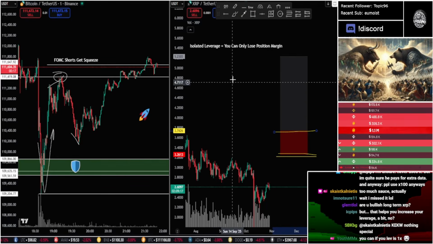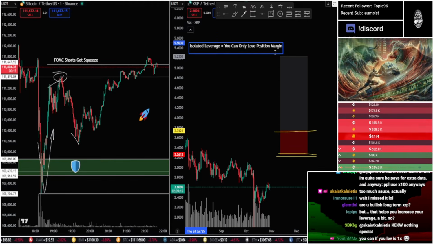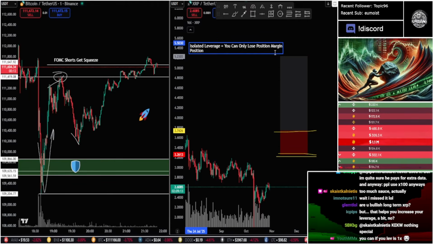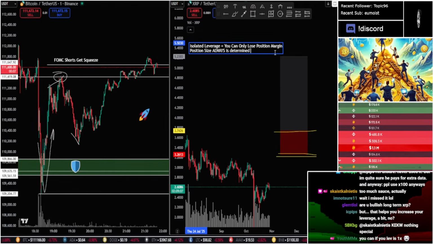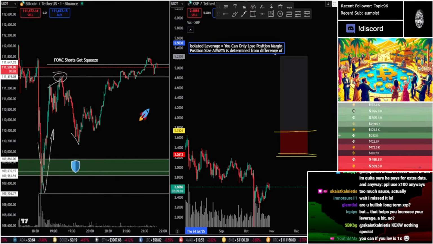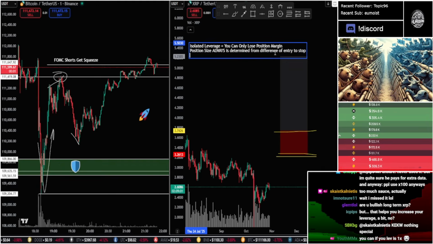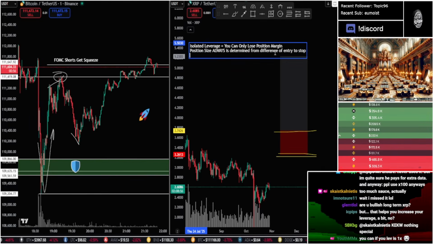Okay, you guys understand that? That's kind of a hard concept to grasp. So position size always is determined by the difference of entry to stop.